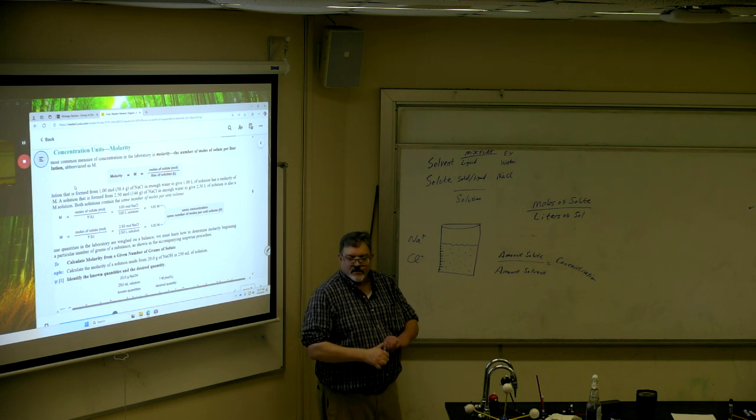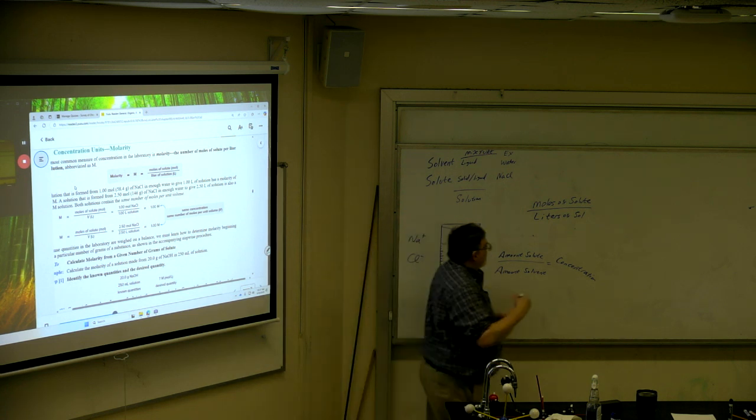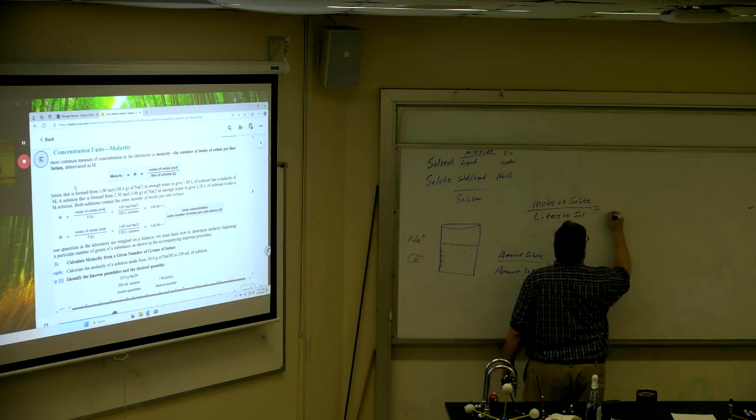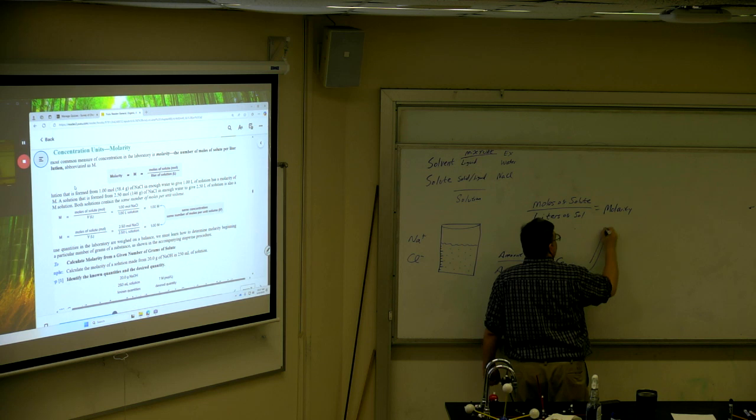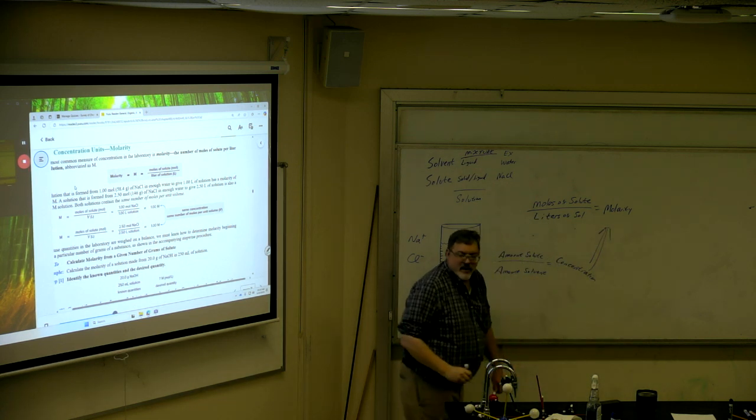We always do it in liters. So this is a very specific concentration that chemists tend to use. It is a concentration, it's just a very specific one that we call molarity.